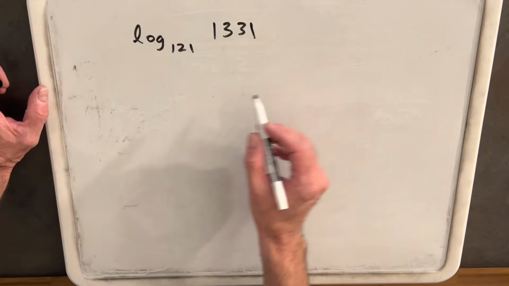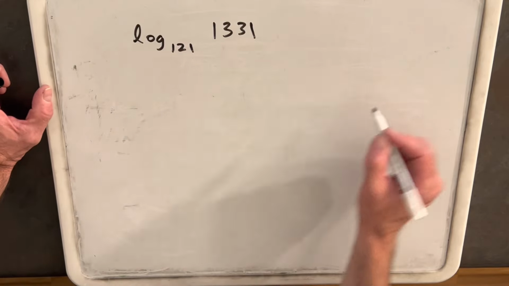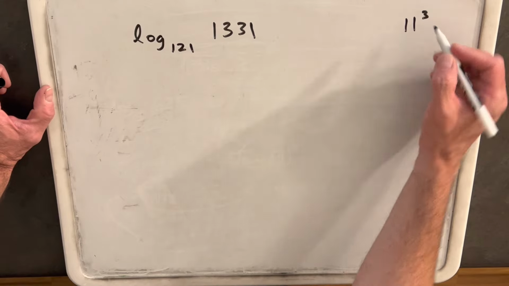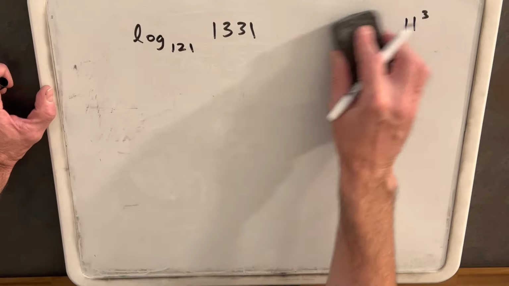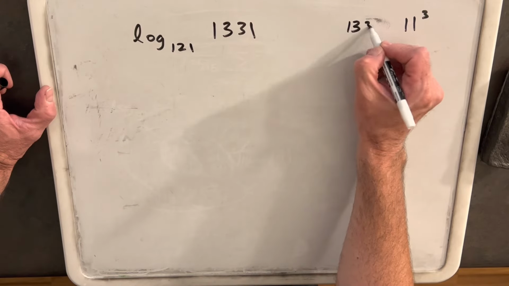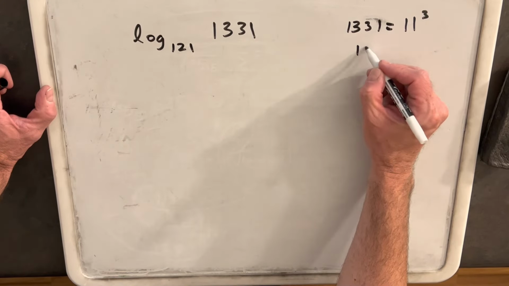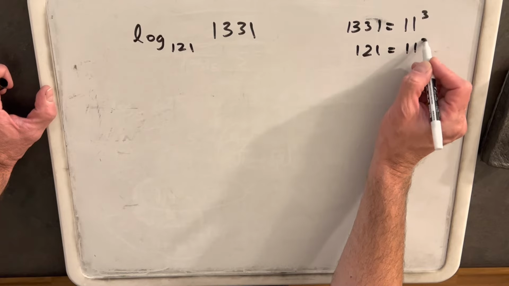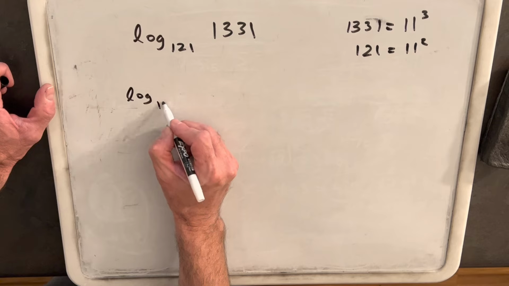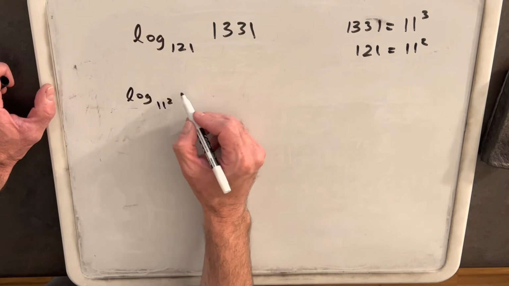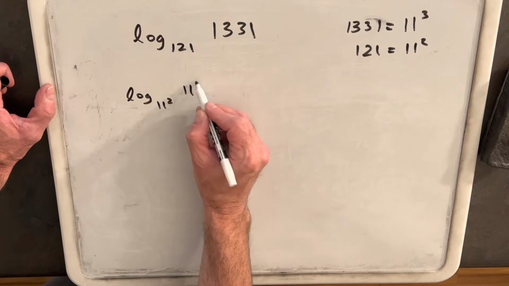Now, one thing to know, you might not recognize this, but 1331 is actually 11 cubed, and 121 is 11 squared. So let's rewrite this. We can rewrite the base as 11 squared, and then we can write this as 11 cubed.